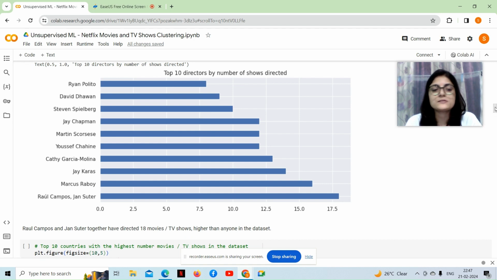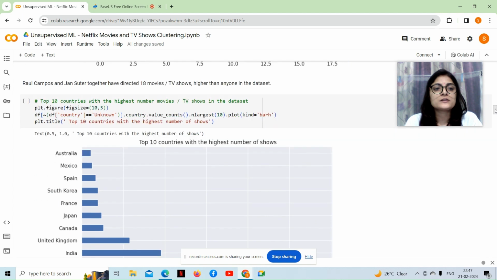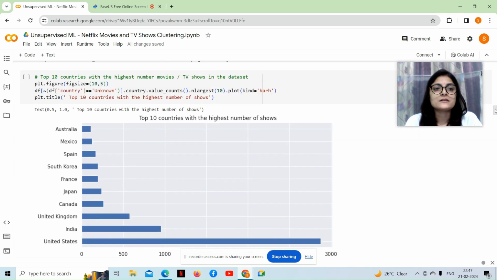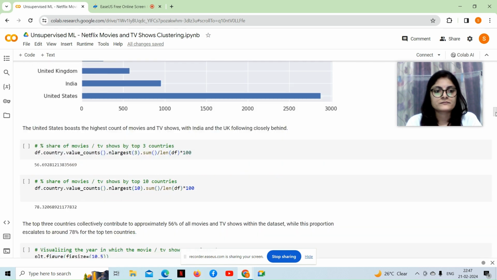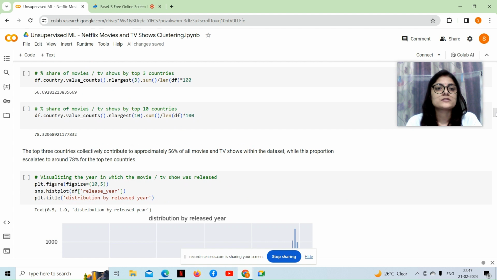With the help of this bar graph, third, top 10 countries with the highest number of movies and TV shows. So, United States has the highest number of movies and TV shows, followed by India, and then closely followed by the United Kingdom. Then percentage share of movies and TV shows by top 3 countries.